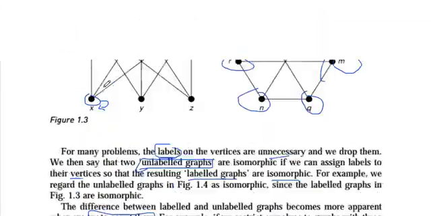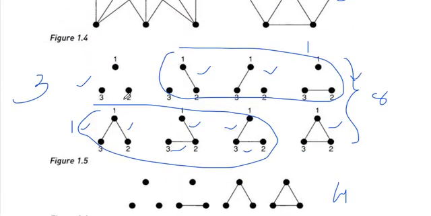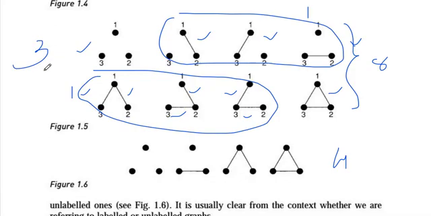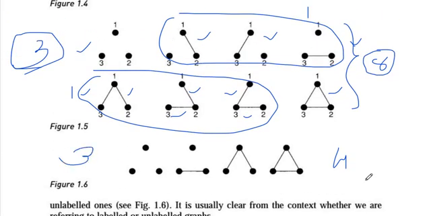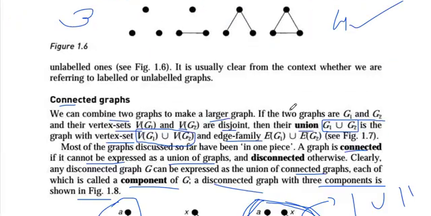This is an unlabeled graph, this is a labeled graph. For 3 vertices, for labeled graphs we can make 8 different graphs, and for 3 vertices we can make only 4 unlabeled graphs. So we can differentiate between unlabeled and labeled graphs.